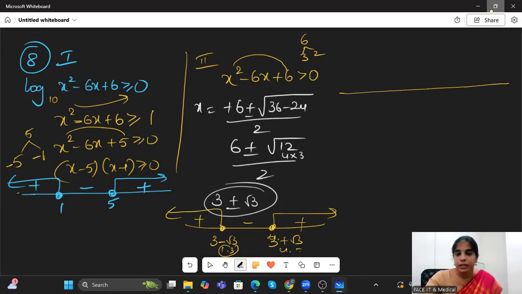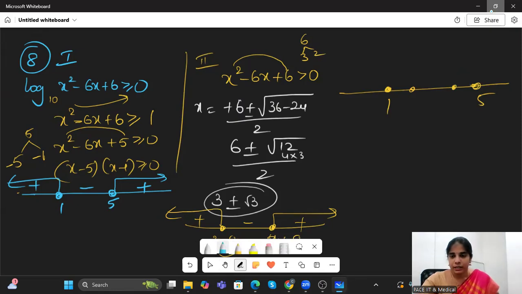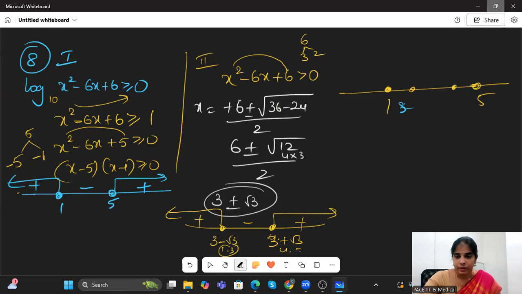What are they? You have got 1 and 5 there, and these 2 points, 3 minus root 3 and 3 plus root 3, are lying inside only.